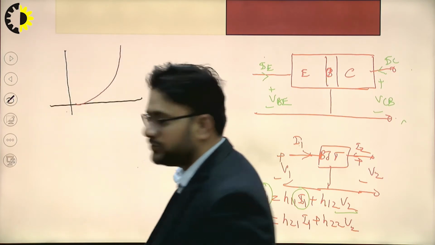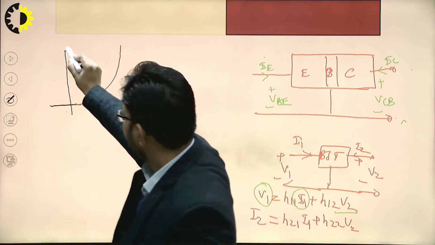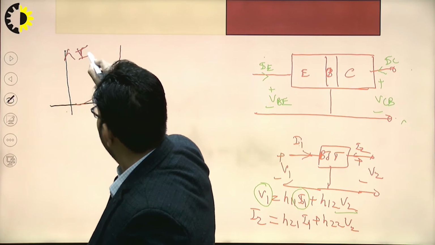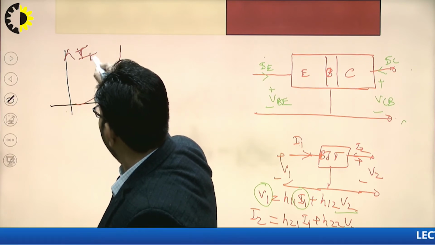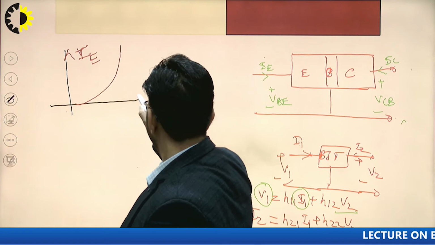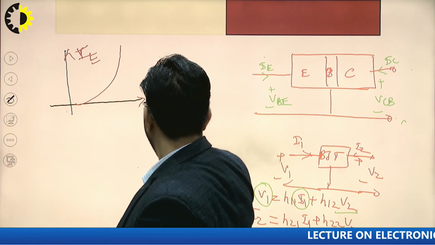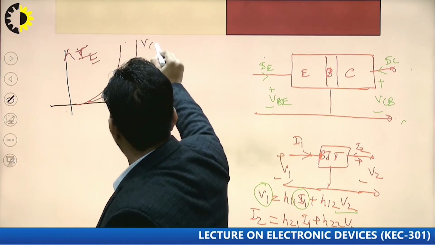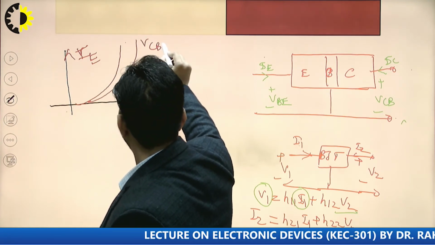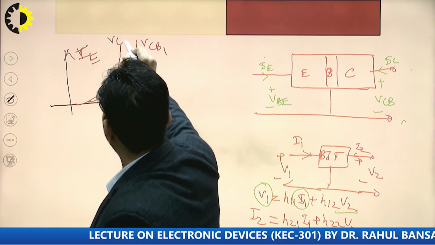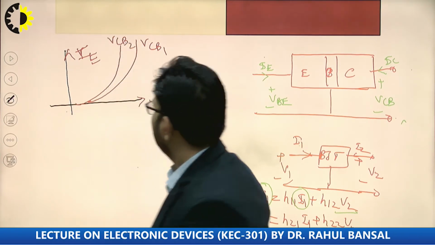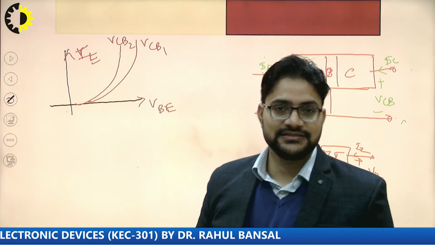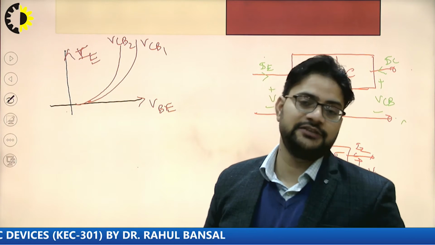So this is your input characteristics. The parameters are VCB1 and VCB2. For different values of VCB, that is the output voltage, we have different input characteristics.